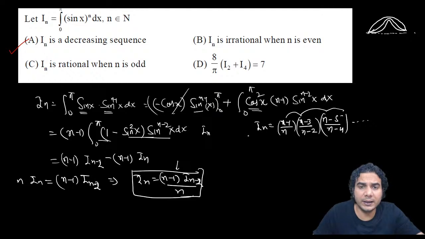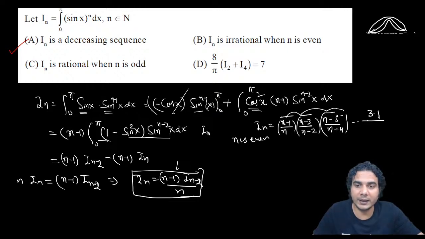Because n is even, these numbers will be odd numbers, so they will end at 3 and 1, and the number in denominator is 1 more than this, right? If it is n minus 1, denominator is n. If it is n minus 3, denominator is n minus 2. So if it is 1, denominator will be 2. If it is 3, denominator will be 4, all right?